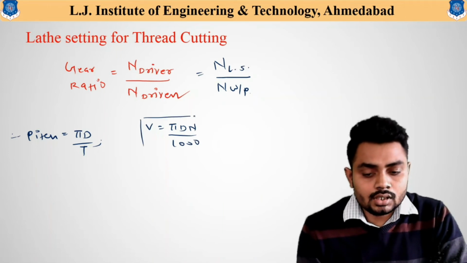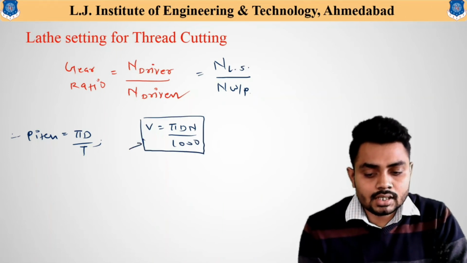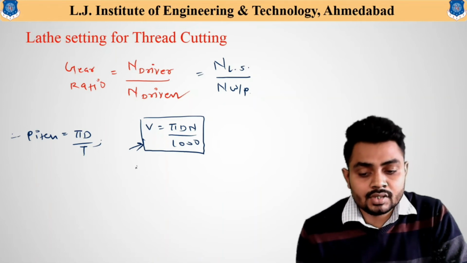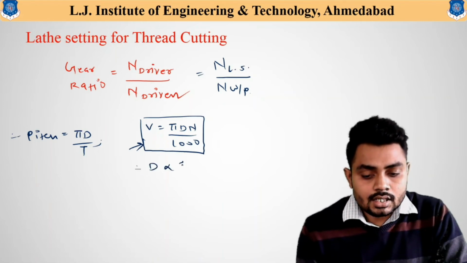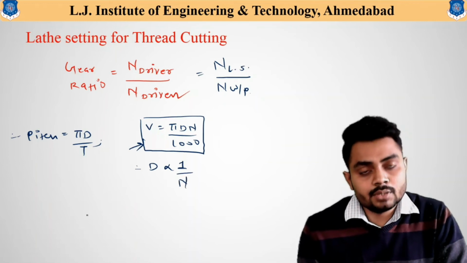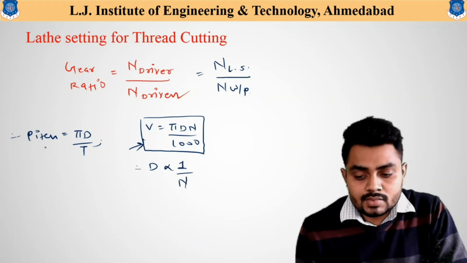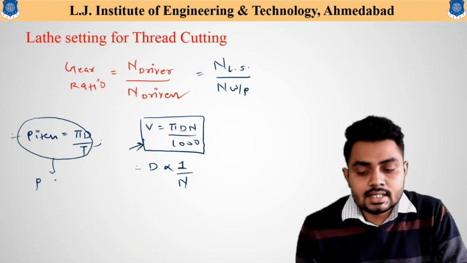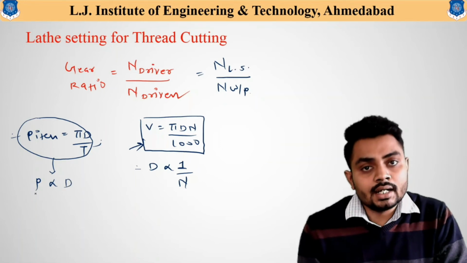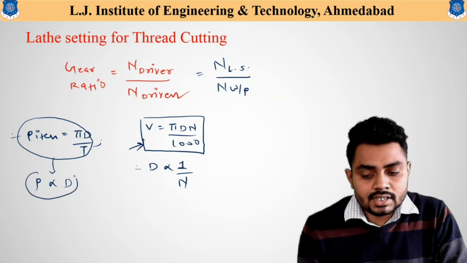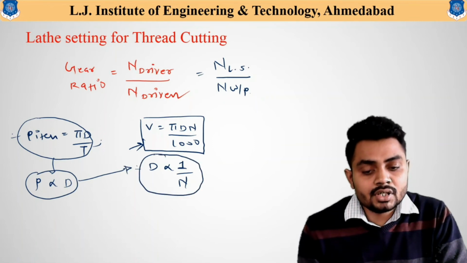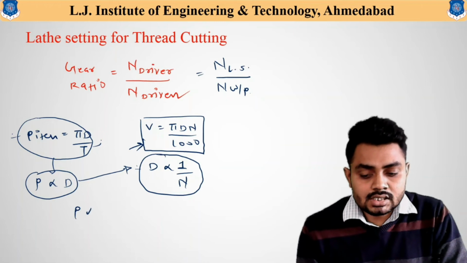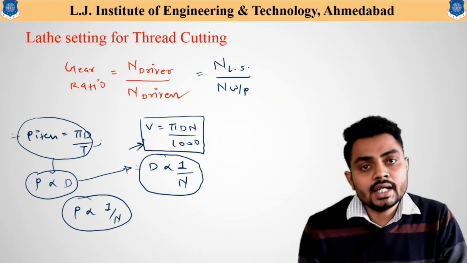Keeping all other parameters constant, in this equation we can write that diameter is inversely proportional to the RPM, and from the pitch equation, pitch is proportional to the diameter. As pitch is proportional to the diameter and diameter is inversely proportional to the RPM, one can write that pitch is inversely proportional to the RPM.